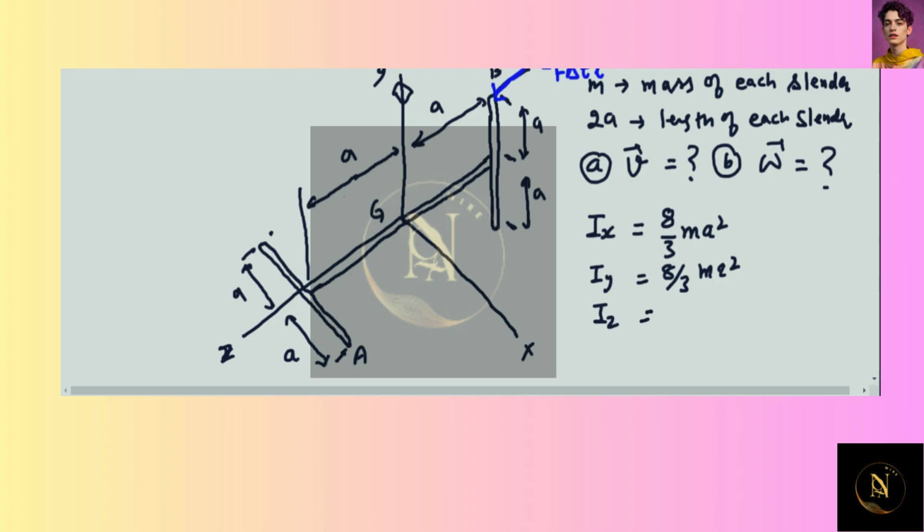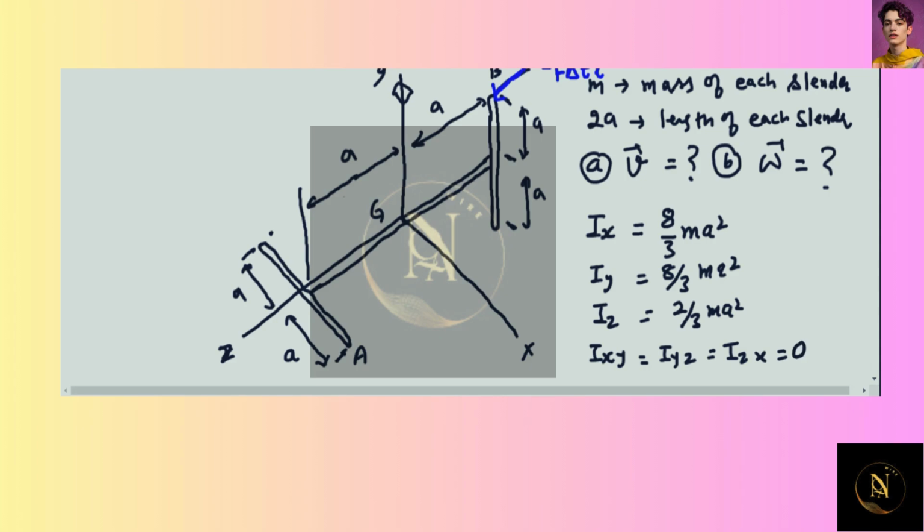Iz is 2 by 3 ma square. Ixy, Iyz, Izx are 0.